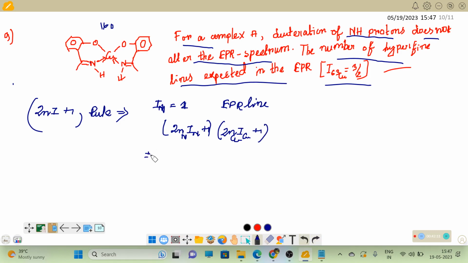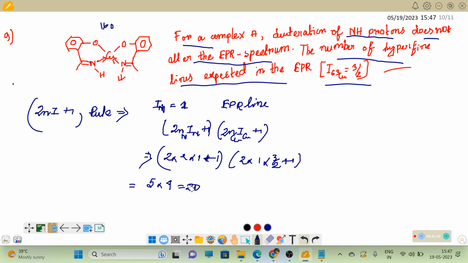Here, 2 into the number of nitrogens, which is 2, nuclear spin is 1, plus 1, that is 5. And for copper, only one copper is present, the nuclear spin is 3 by 2, so 2 into 3 by 2 plus 1 is 4. 5 into 4 equals 20.